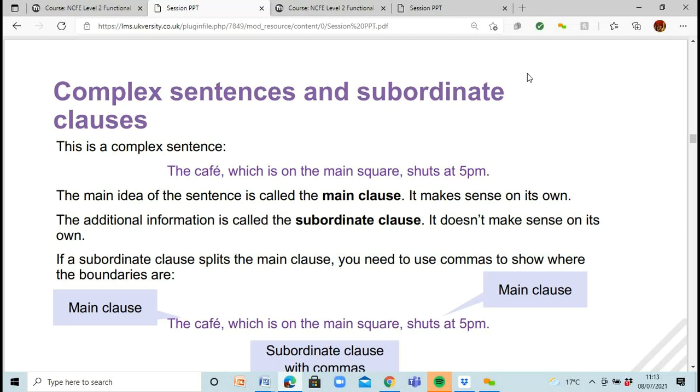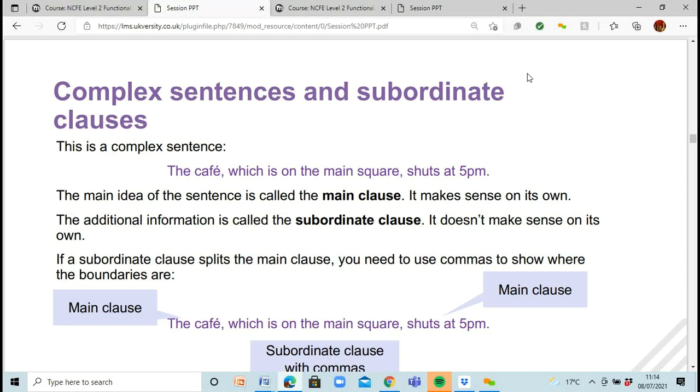So we've got complex sentences and subordinate clauses. So what I'm going to read now is a complex sentence, and we're going to tell you why. So the cafe, which is on the main square, shuts at 5 p.m. So we know that we're talking about a cafe. The main sentence, the main clause, we're talking about a cafe, because if we just said the cafe shuts at 5 p.m., it makes sense on its own.